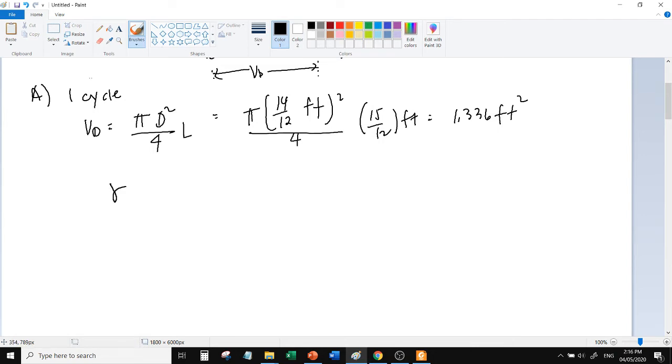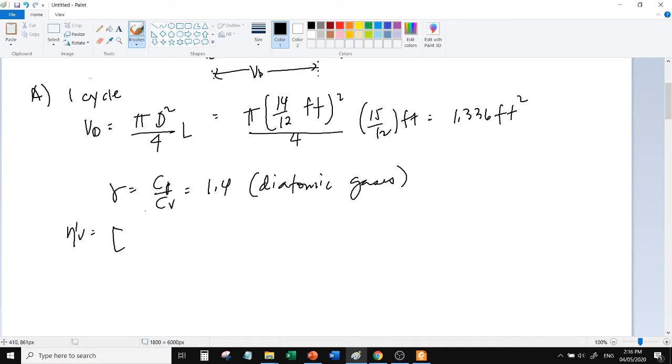So for diatomic gases, if you will remember from ChE 142, this is the gamma for diatomic gases. Okay. Let's use the equation for the volumetric efficiency.